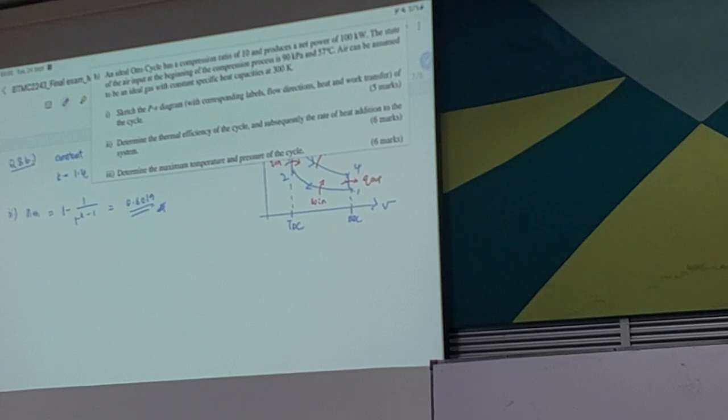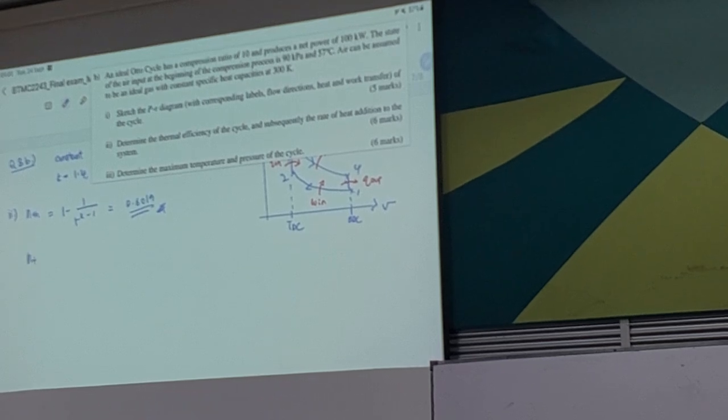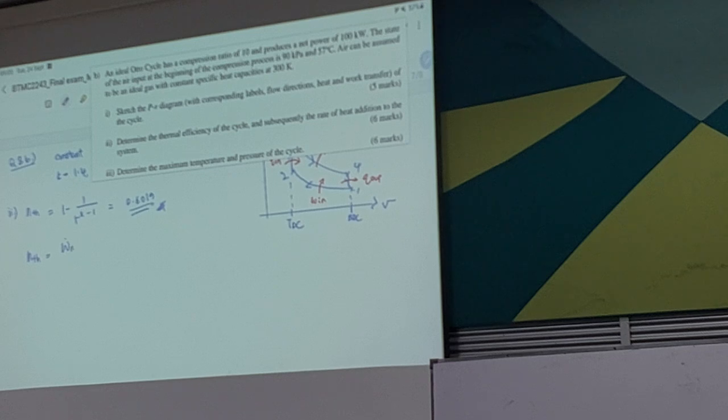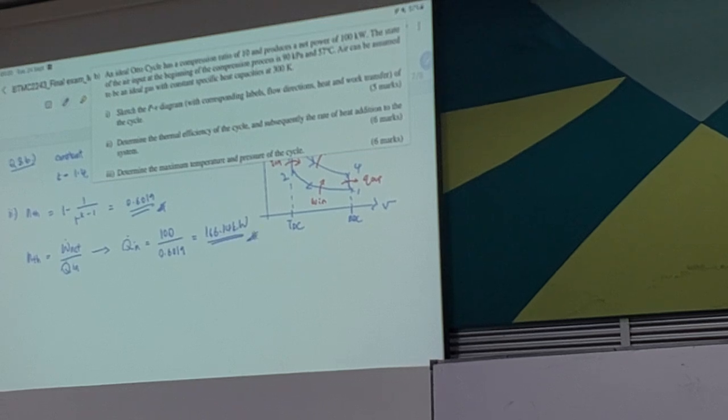Then the question asks for the rate of heat addition, meaning you need to find Q in dot. We also know that thermal efficiency is equal to net work over Q in. This question gives you the net power produced as well, which is 100. So you divide by the efficiency, you will get the rate of heat transfer. So, easy marks here.